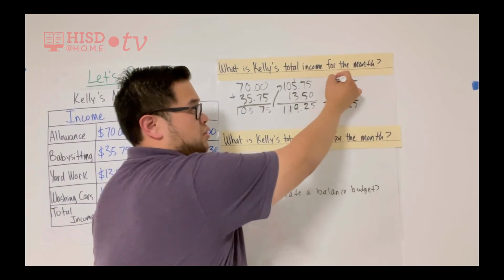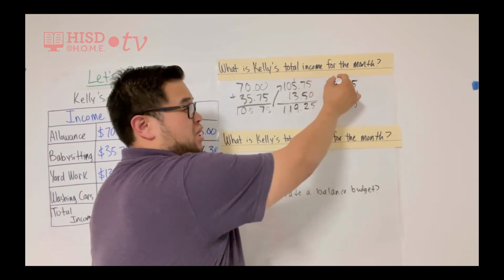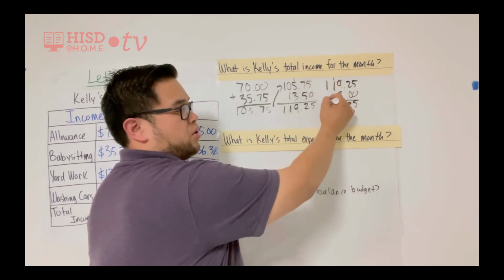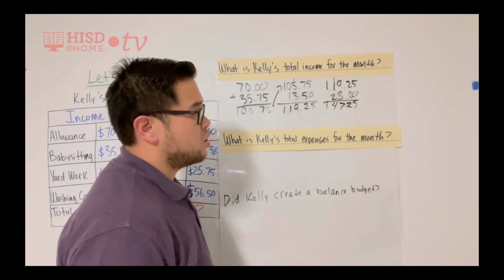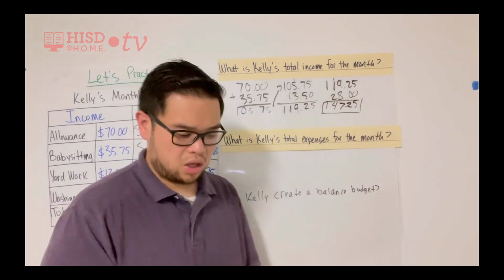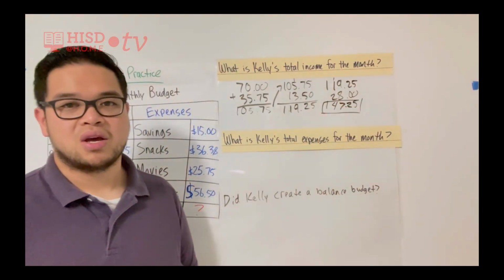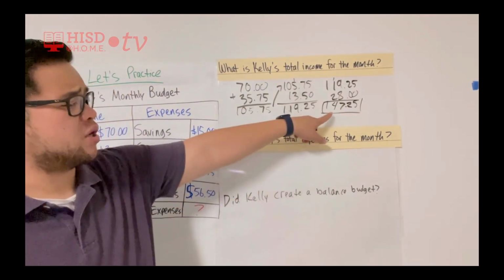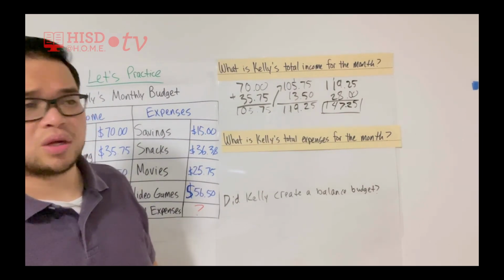Bring the 1 here. 10 plus 10 is 20. 20 plus 20 is 40. And then we bring our 100 down. So right now, her total income is $147.25.